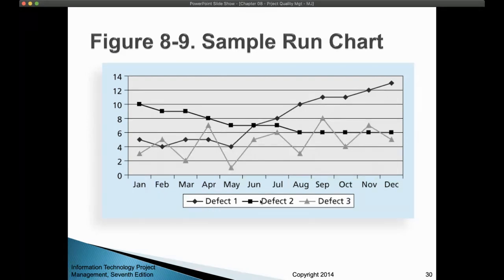Defect number 2, which has this square, which is this line. If you look at it, it started in January having 10 defects, and then it was reducing until it reached 6 here. So here you can say that, okay, I think maybe you detected the problem and you solved it.